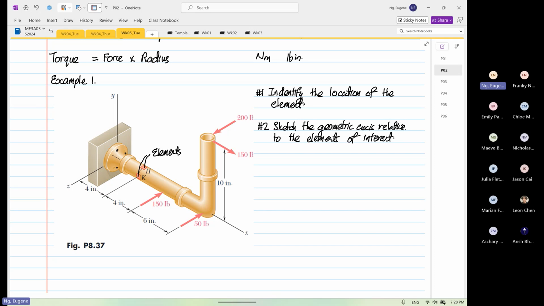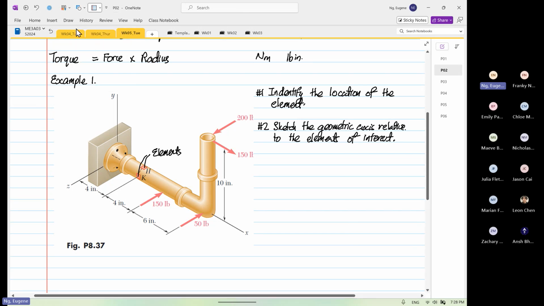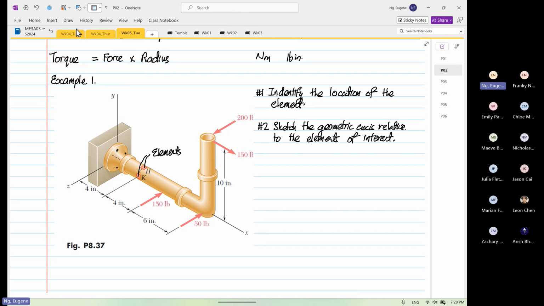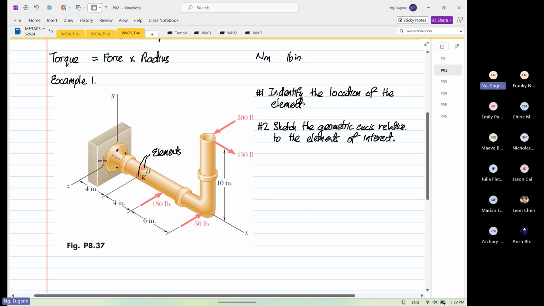Now, this step is very important. You skip this step, later on you might be in trouble, and I'll show you what trouble you might get into. Because with this axis and centroid, it is a very important geometry to identify whether it's a torque or a moment.